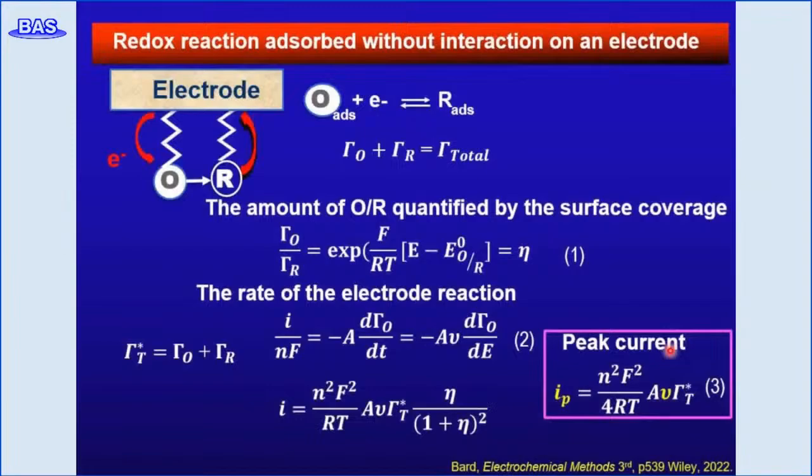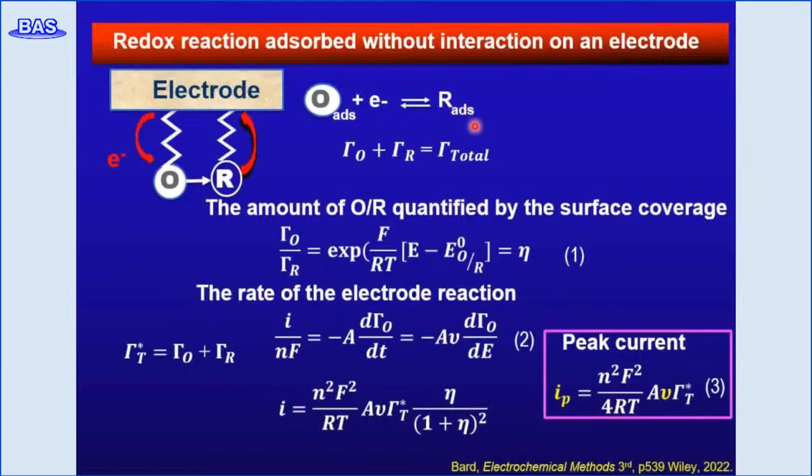Now, we should consider the relationship between the applied voltage and current, as the stoichiometric relationship between the oxidized O ads and R ads adsorbed on the electrode when the potential is applied.